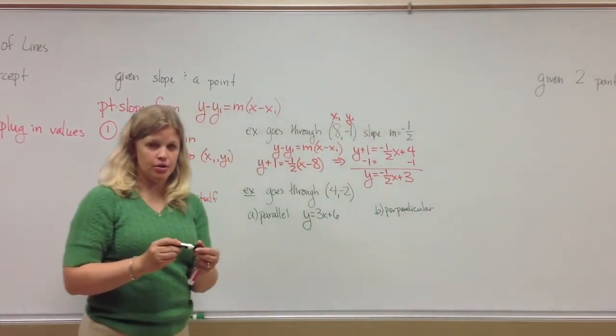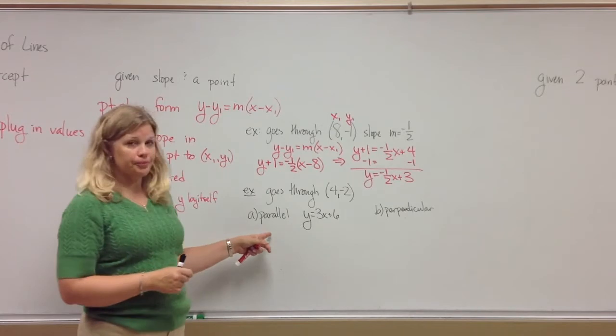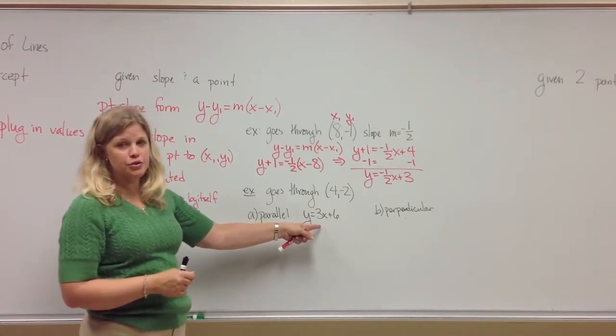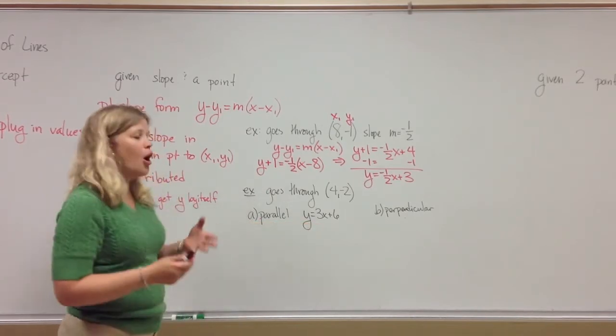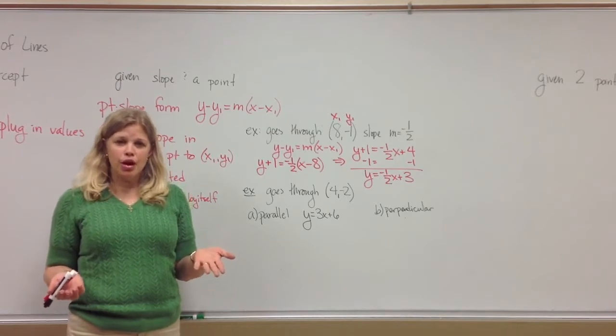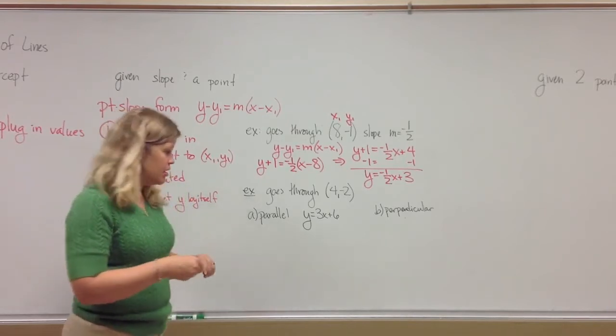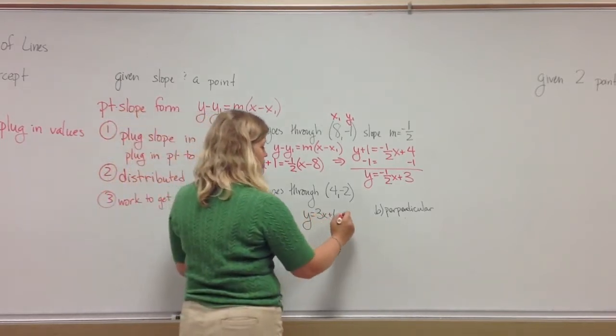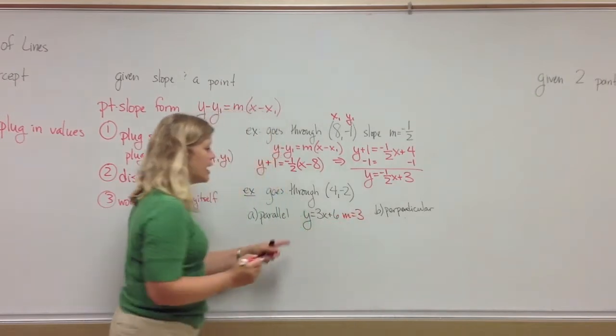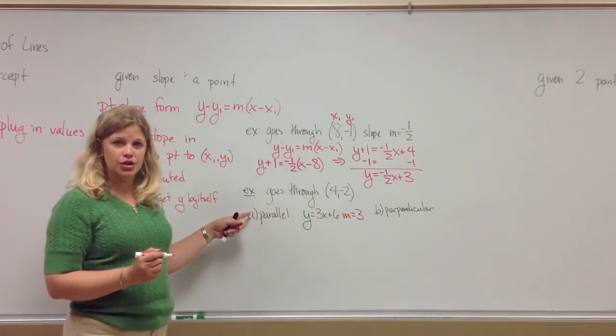We'll leave it like that, okay? All right, so if it's parallel to y equals 3x plus 6, what's going to be true about their slopes? Oh, they're the same? So what's the slope going to be? Oh, m equals 3? Hey, you already have that, don't you?